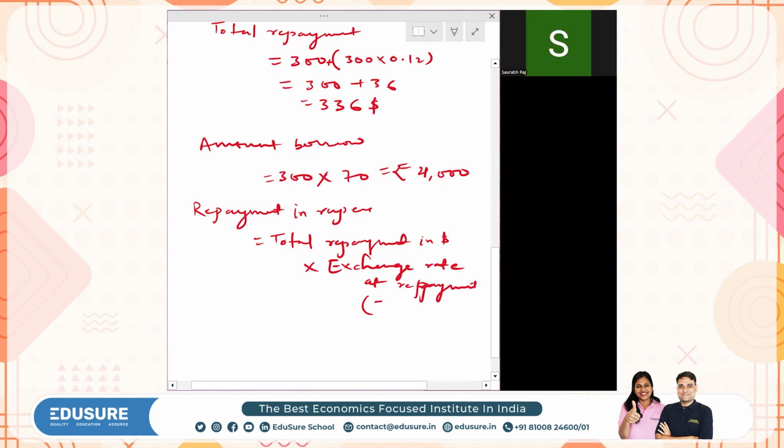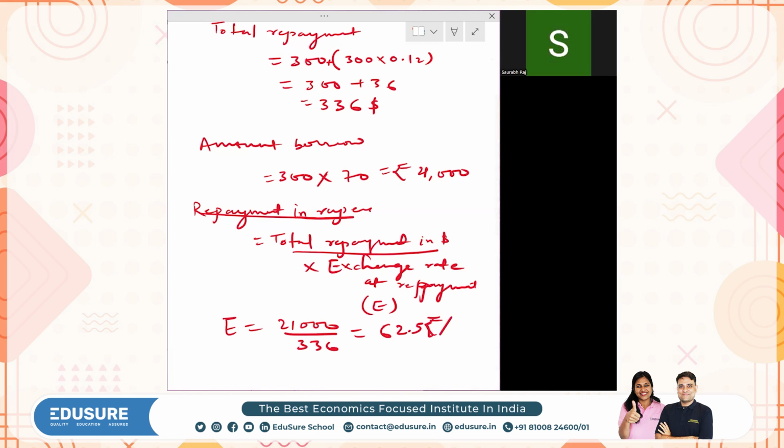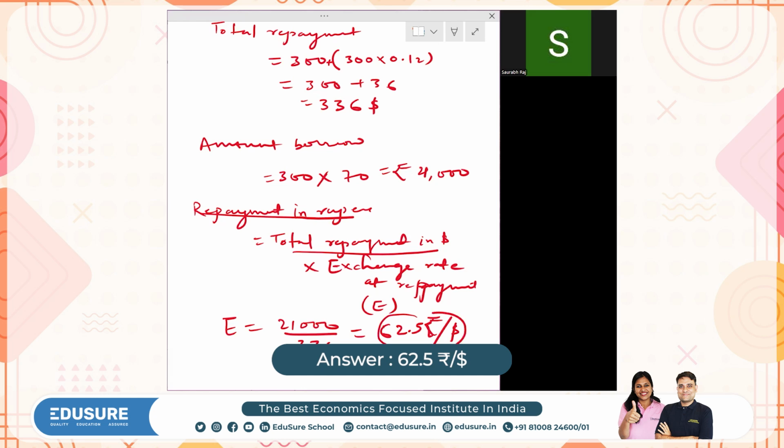We will assume this as E. So these two things are known. So E will be 21,000 upon 336. If you solve this, you will get 62.5 rupees per dollar. So 62.5 rupees per dollar is the exchange rate at the time of repayment. So this will be the correct answer.